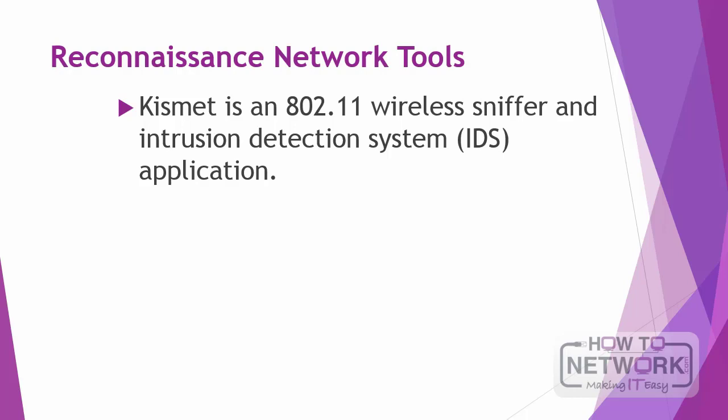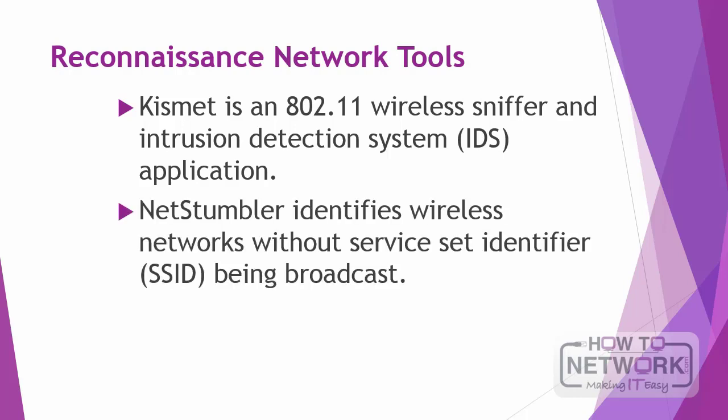It does this by detecting wireless networks even when they are hidden, and then it can collect packets from those networks. NetStumbler is another wireless network scanner, and it can discover and scan networks even if the SSID is not being broadcast.